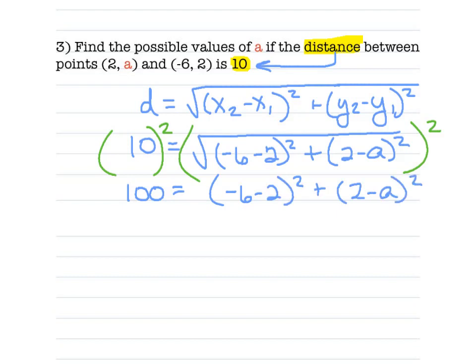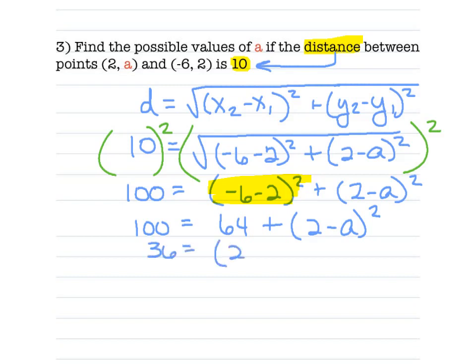I notice that I can simplify this expression. 100 equals -6 minus 2 is -8, squared is 64, plus (2 minus a) squared. I can subtract 64 from both sides, so 36 equals (2 minus a) squared.